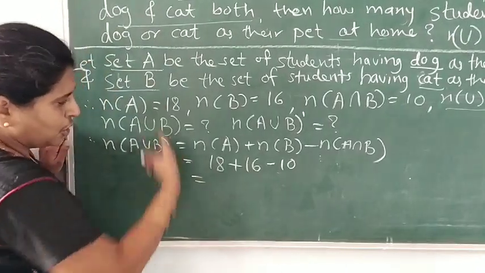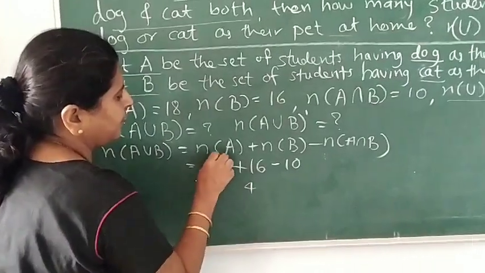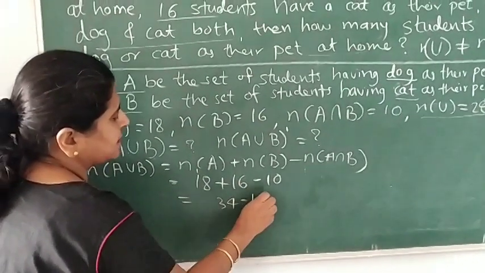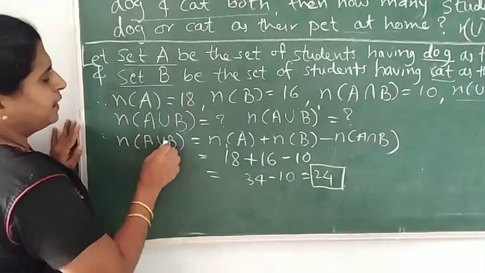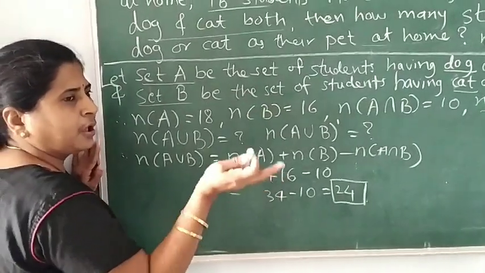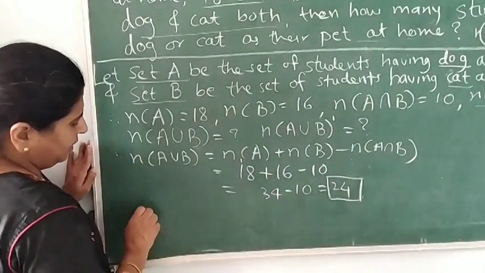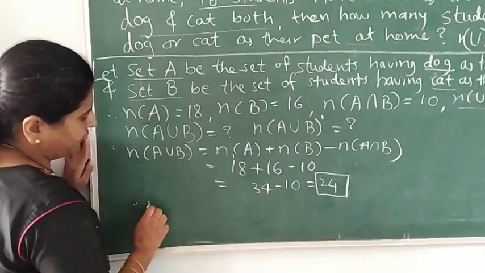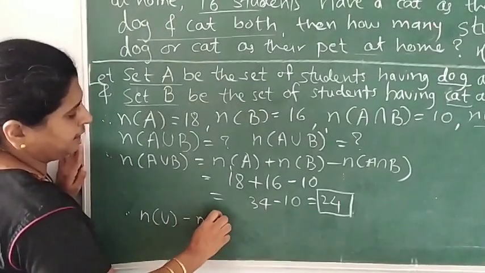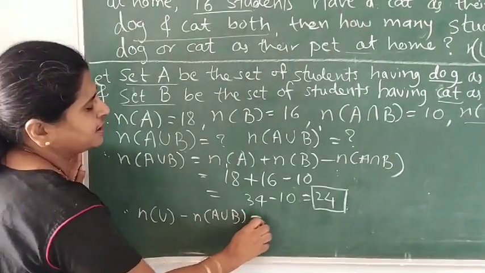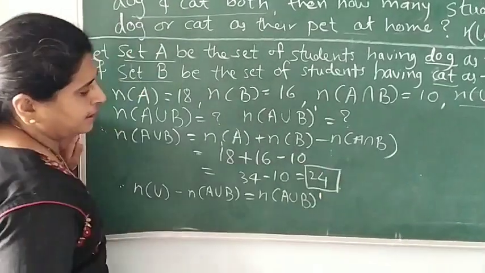So this is the way to solve it in the question paper. So add this 6 plus 8, 14. 1, 2, 3, 34 minus 10, it will give you 24. So 24 students are in A union B, either from A or B, meaning having a dog or cat or both. As we want to find those who do not have a cat or dog, we have to subtract this from the number of elements in U. The number of elements in U minus the number of elements in A union B will give us the number of elements in the complement of A union B, which we want.